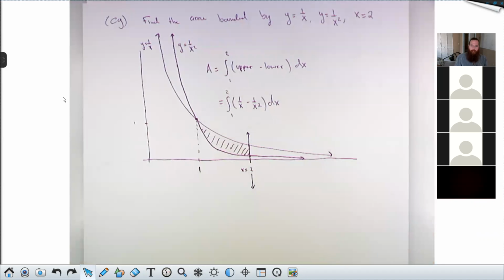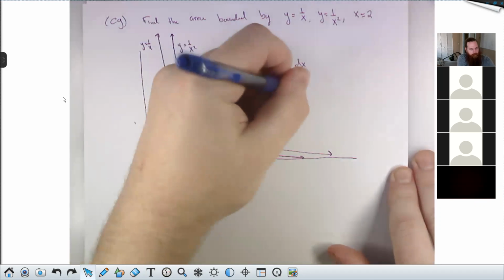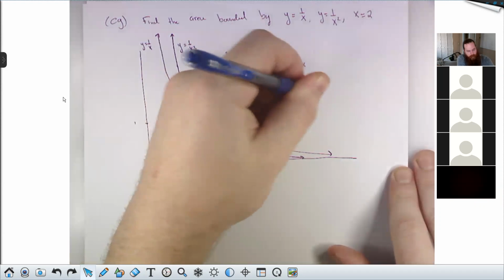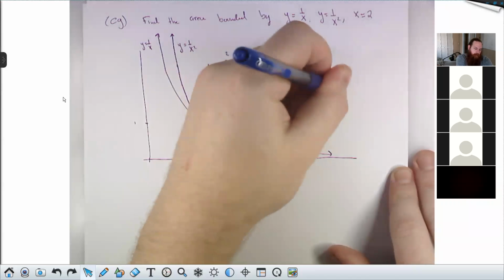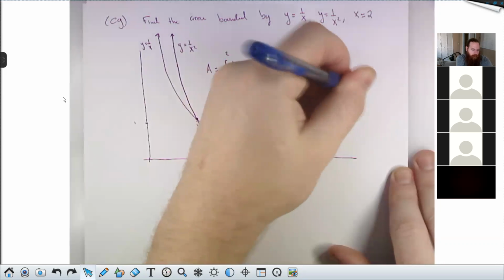I need antiderivatives, right? And it's actually a different rule for 1 over x and for 1 over x squared. So you might want to think of splitting this up as the integral from 1 to 2 of 1 over x dx minus the integral from 1 to 2 of 1 over x squared dx.